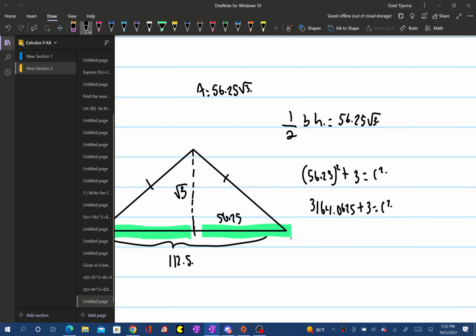So if I do the square root of all of that, that's about 56.28.